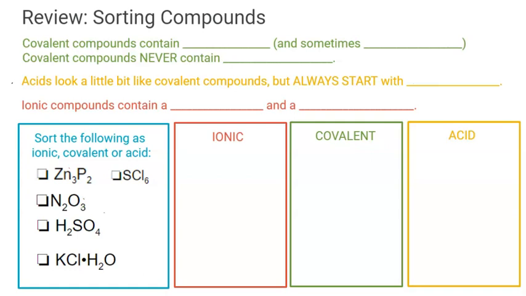chemical formula. So covalent compounds contain primarily nonmetals. And sometimes covalent compounds can also contain metalloids.